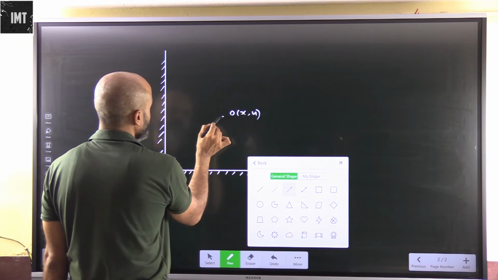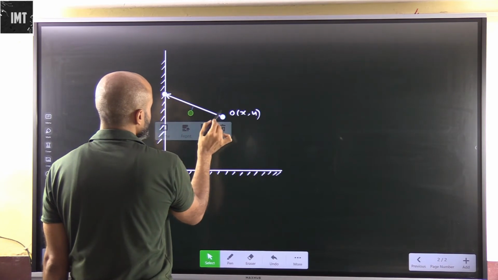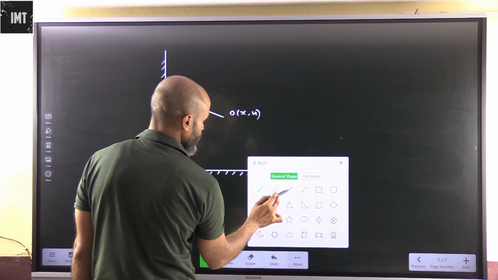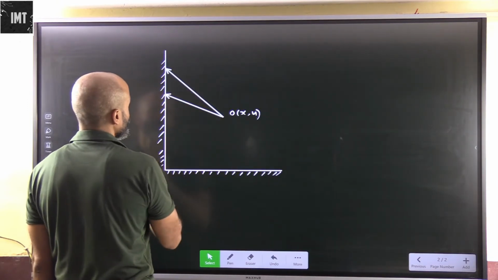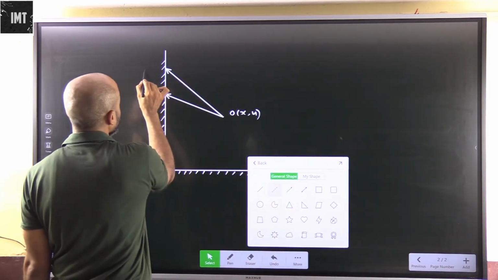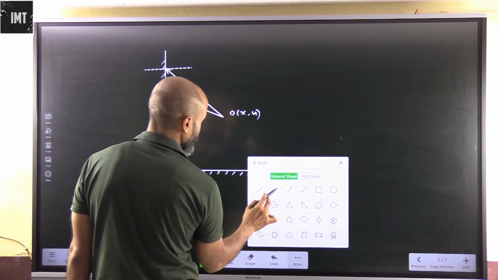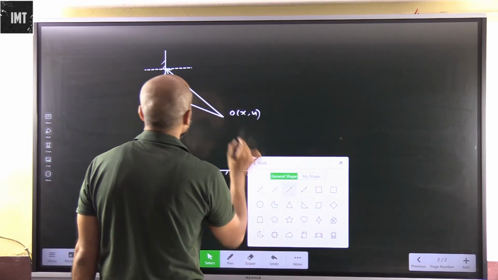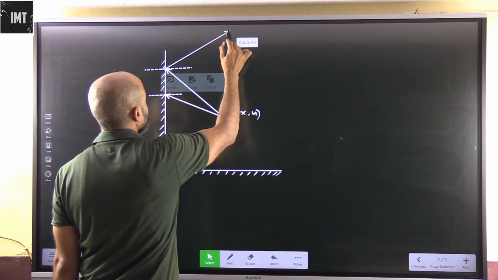So what we will have here is, let's say one incident ray at any angle, falling here, and another incident ray falling at any angle. Obviously, if I draw a normal here, and another normal here, after reflection they will be going like this, with angles.